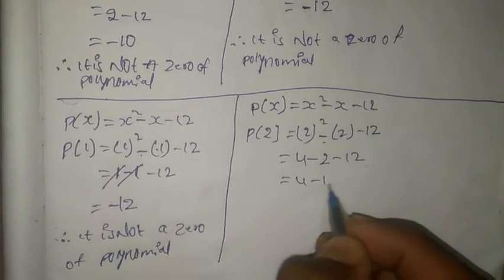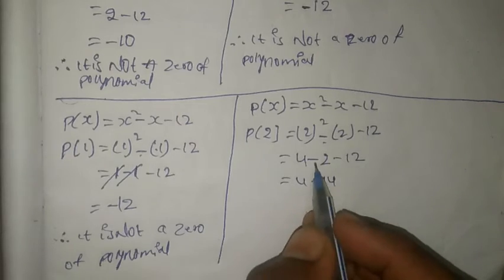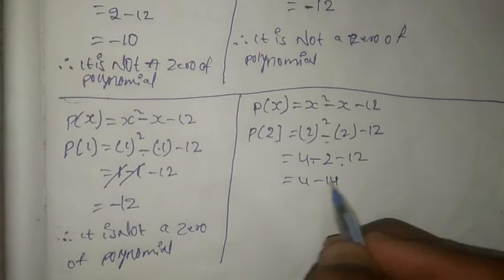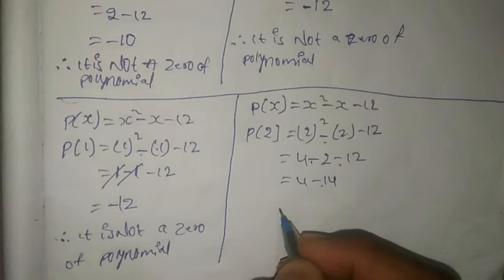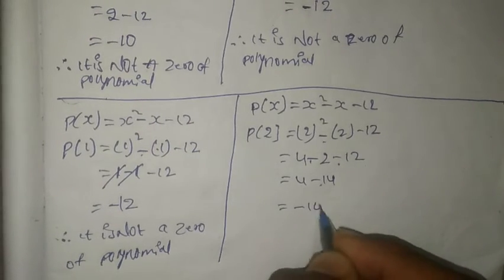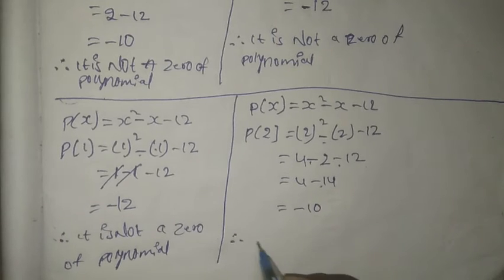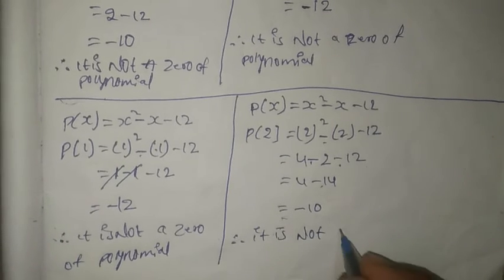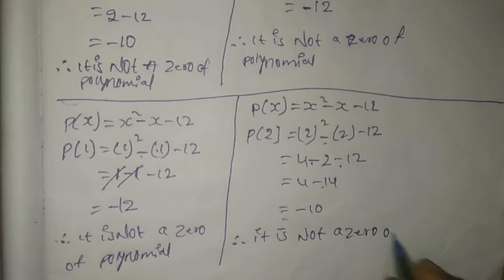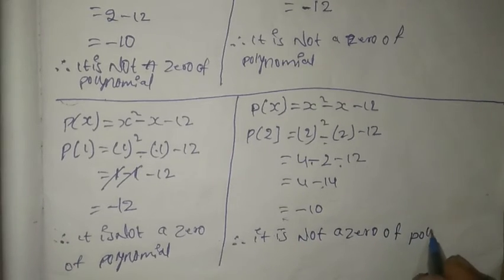So 4 minus 14, because minus 2 minus 12 is minus 14, and 4. So that is minus 10. So p of 2 is minus 10. So it is not a zero of the polynomial.